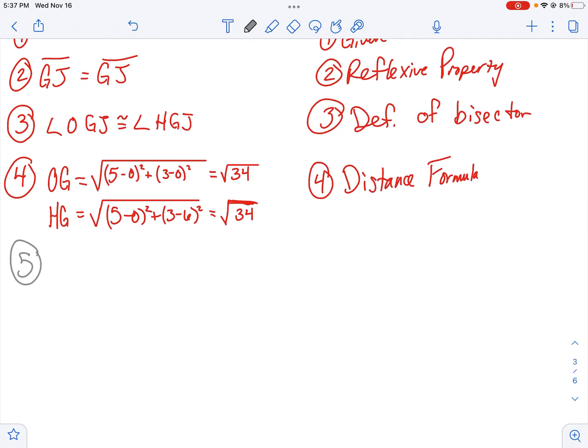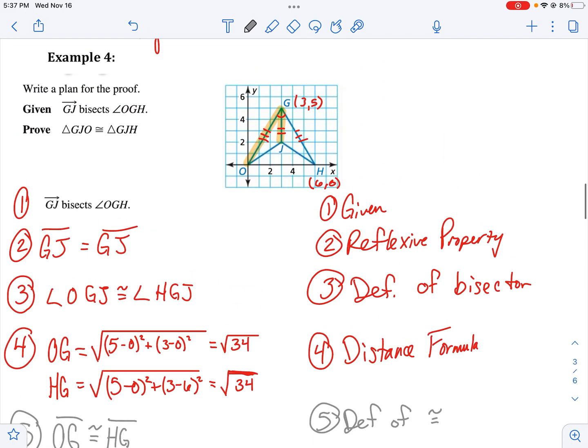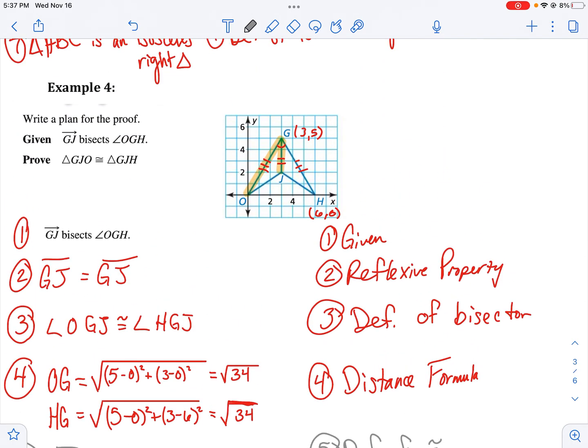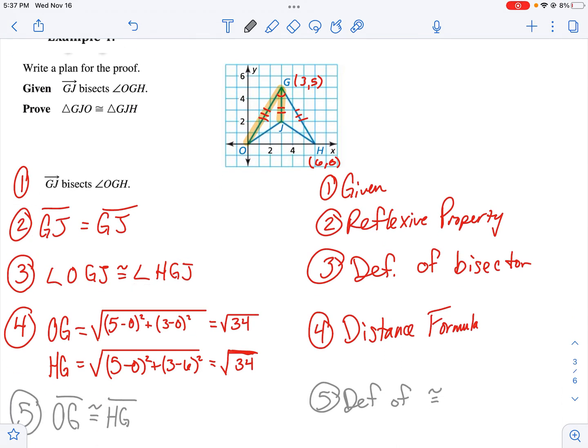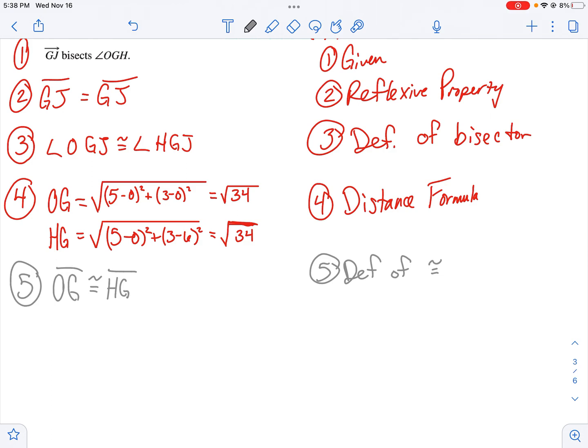And now that I've got that down, I need to say that OG is congruent to HG by the definition of congruence. If they're equal, they're congruent. And now I have my first side, my angle pair, and my side.